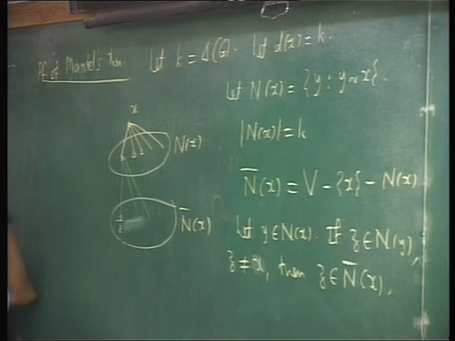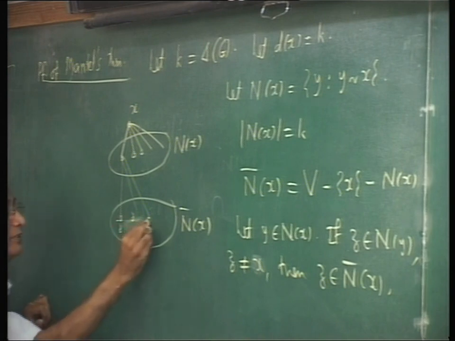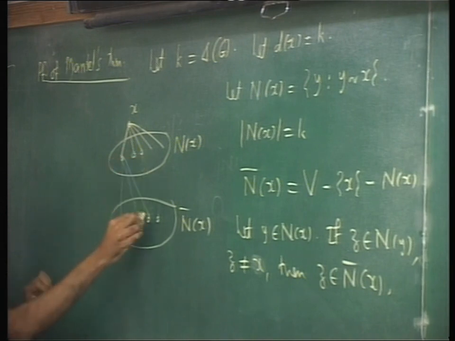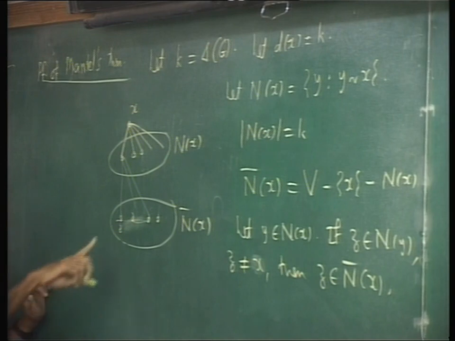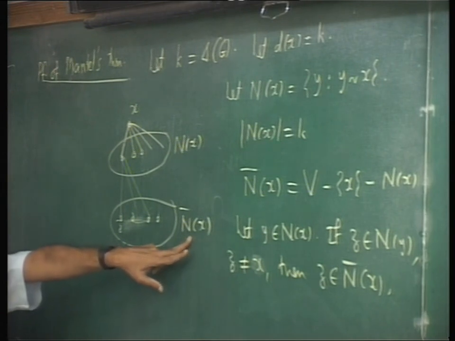Therefore, I have already counted these k edges. If I have to count the remaining edges, I can just look at these vertices here, because any edge other than these k will either have this form or go inside that, that's okay. Therefore, it's enough to count the number of edges, counting over all z's running over N bar x.